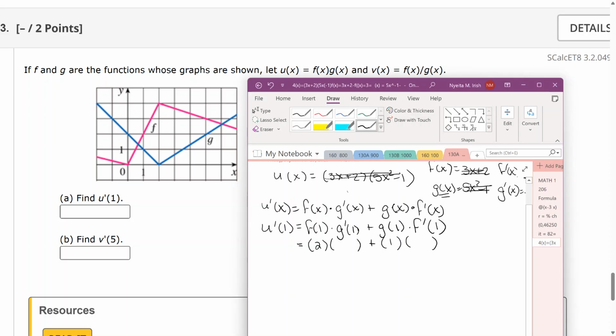G prime of 1 has a slope of 2 over 2. Negative 2, because I went down 2. Go down 2 over 2. And that gets me to the next point. Or you could go down 1 over 1.